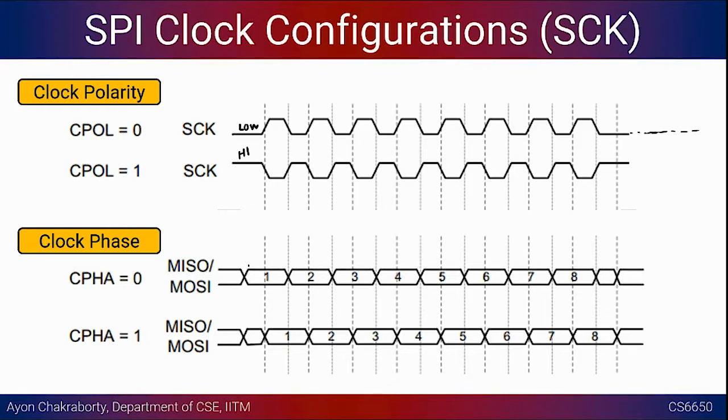So the data will start exactly from here, the rising edge of the clock. Whereas if you keep the clock phase equal to 1, there will be one clock delay, and then it is going to start on the trailing edge of the clock. Okay, so this is basically trailing.